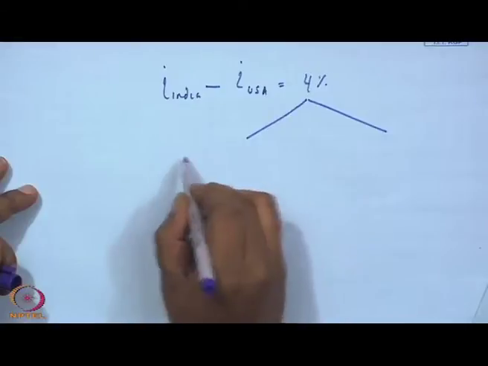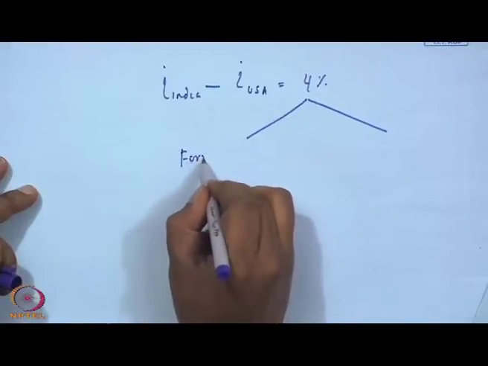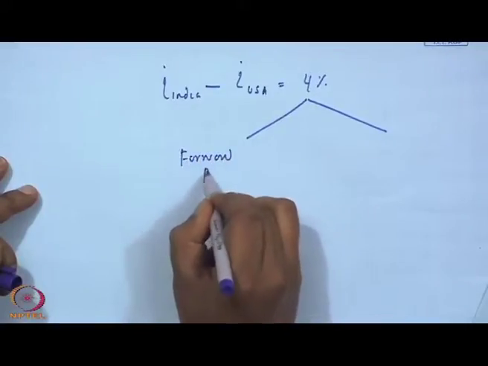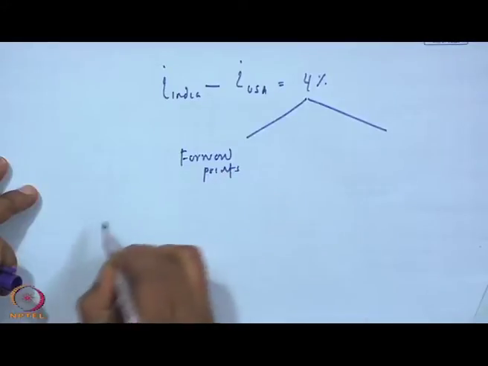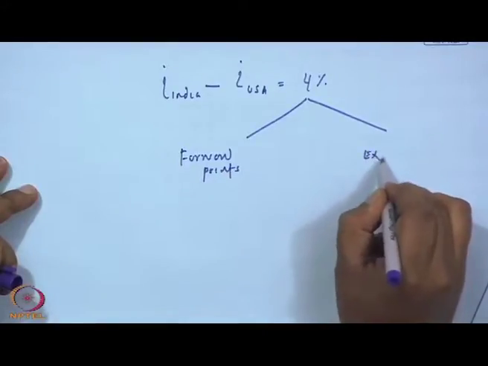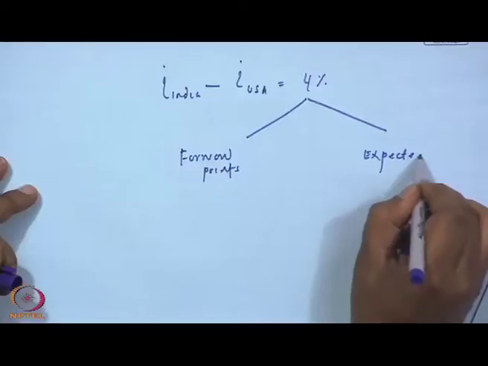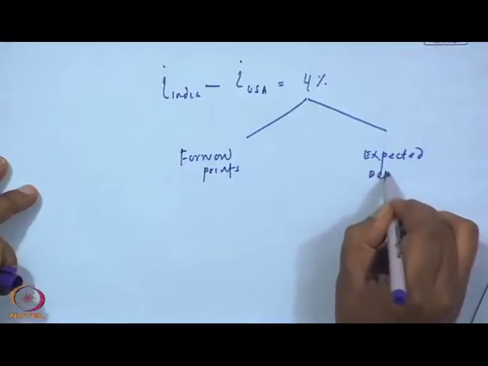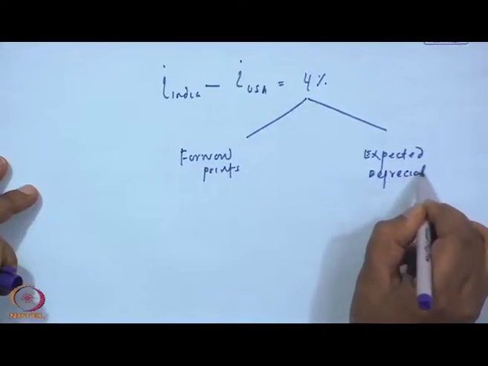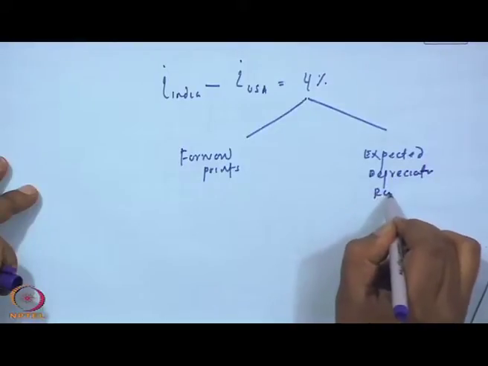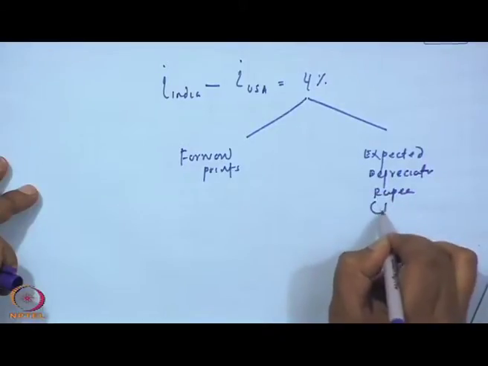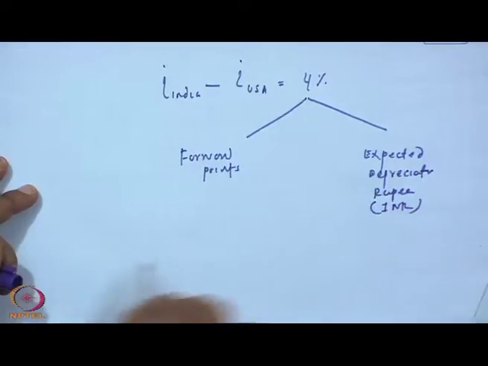That is, first way, the forward premium, forward point, what we call forward point, or expected depreciation of rupee, that is INR.